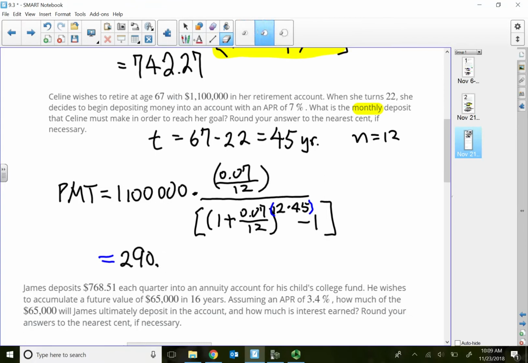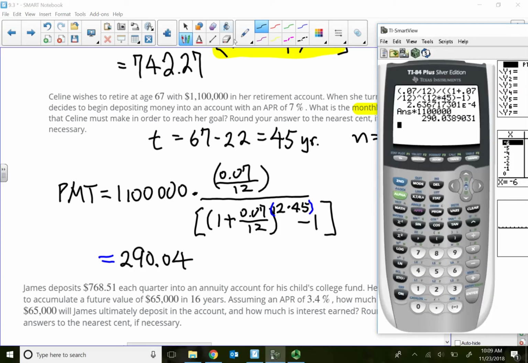So think about it though. If this is her monthly payment, if this is going to be her monthly payment for the next 45 years, so if I take 290.04 times 12 months in a year times the next 45 years, that means she will only put in $156,000.